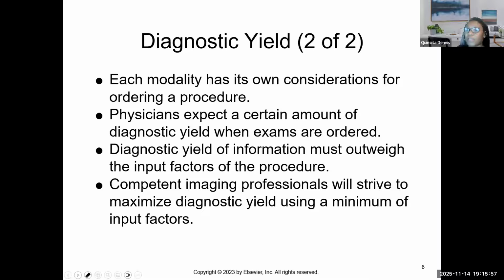But at that point, if we're looking for something that could put the patient's life at risk, the benefits of having that exam definitely outweigh the risk. We need to see what's going on with the patient, and then next we need to see potentially what's going on with the fetus.